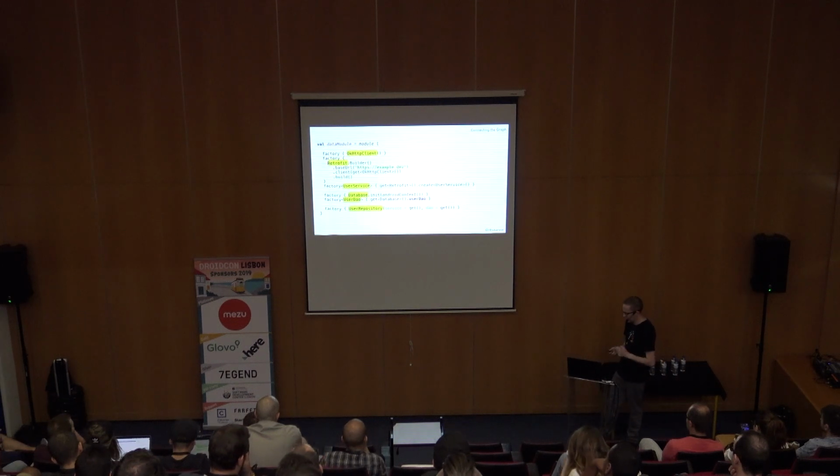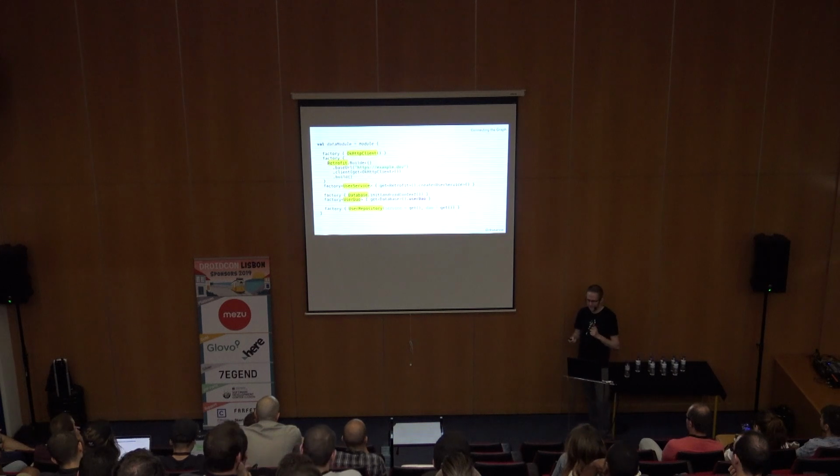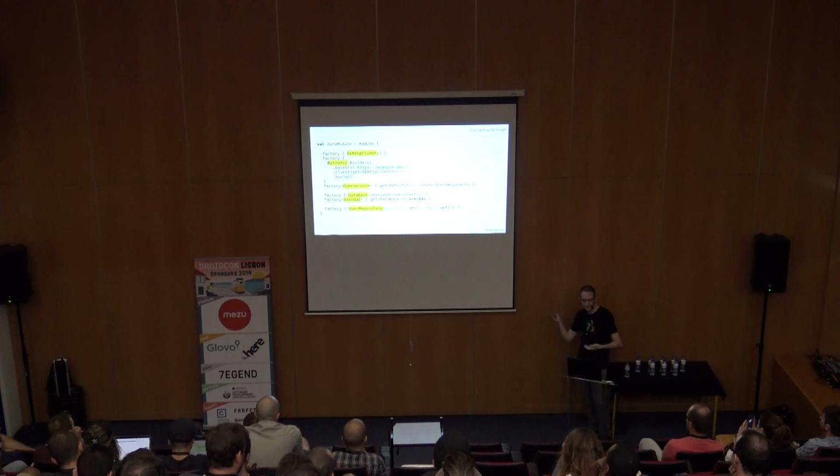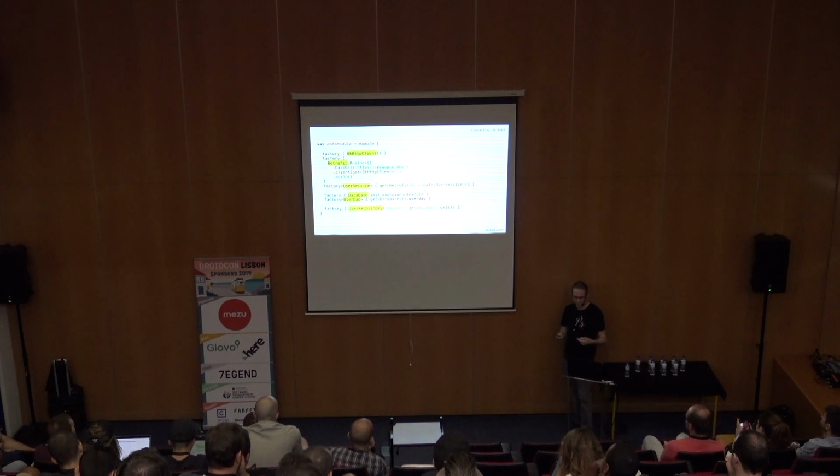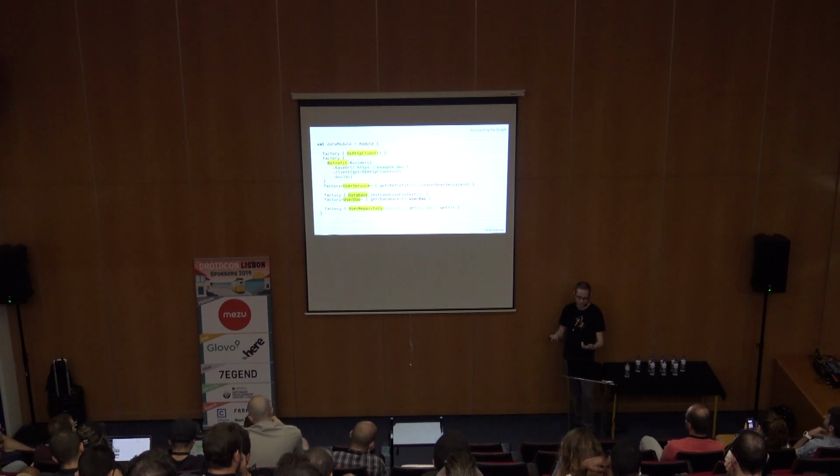A point about this is it's getting a little bit difficult to read, and certainly in a real-life application with lots of different DAOs and all that kind of stuff, we'd probably modularize this. There's another overloaded term. We would pull this out into different modules, but there's something else that we can do instead, or as well.